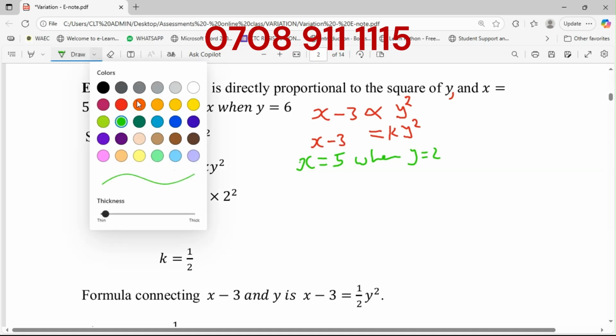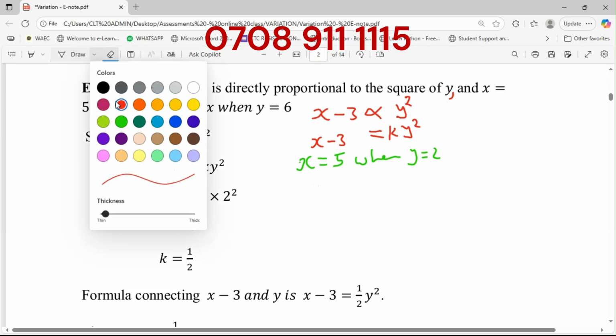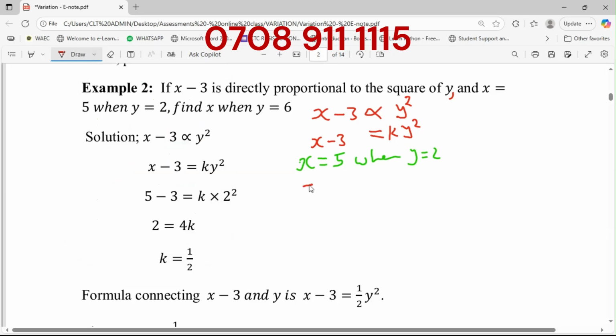Anywhere we see y, we put 2. So instead of x now, I'll substitute the value. That's what I'm supposed to do. So here now, instead of saying x minus 3, I'll say 5 minus 3.